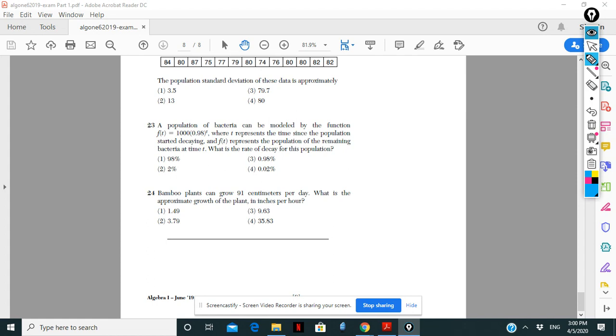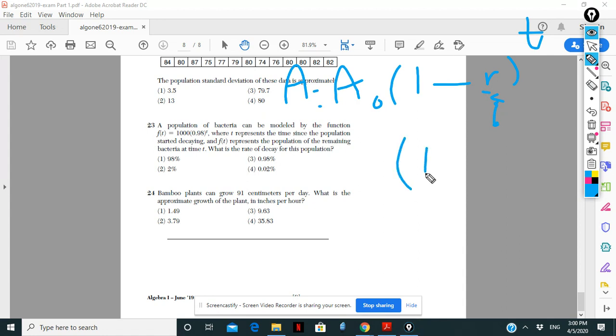So first, if you remember, a equals a initial times 1 minus r to the power t. That's the rate he's looking for. So 1 minus r should equal 0.98. So r is going to be 0.02. And if we write that in percent, it's going to be 2%. So the answer is clearly number 2.